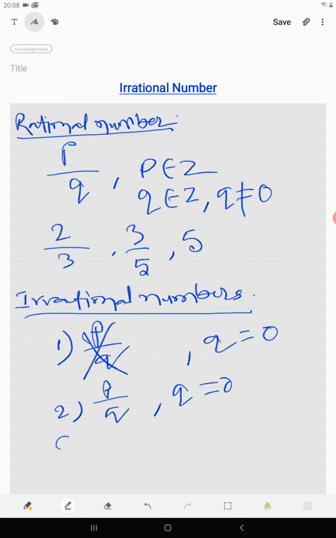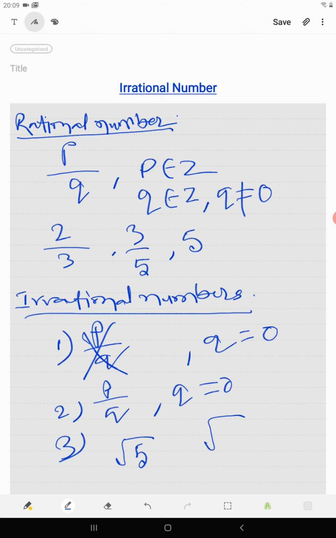And the third thing is, how will you identify an irrational number? In most of the problems, it will be inside some root, and that root should not be solvable. So root 5 is not solvable.